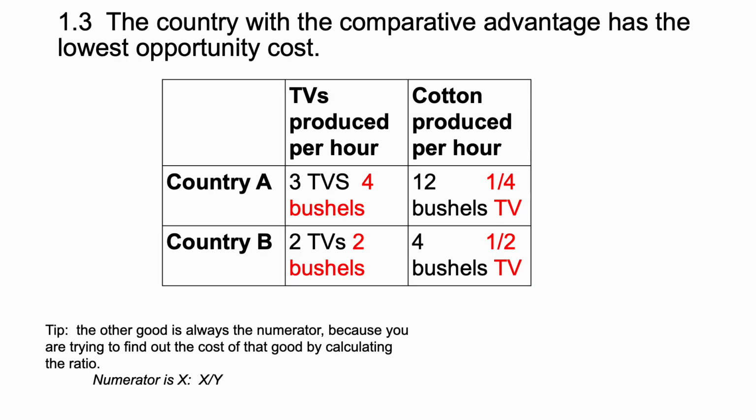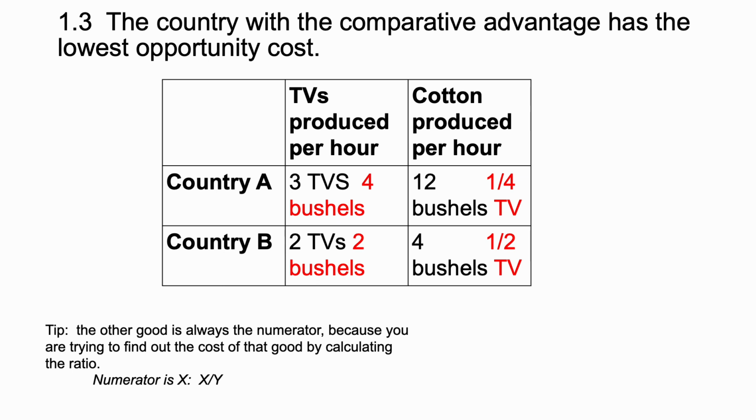Now that you've calculated the opportunity cost for each country, for each good, you're going to figure out who has the comparative advantage. The comparative advantage is the country that has the lowest opportunity cost. I put the opportunity costs for each country and the goods on this chart.